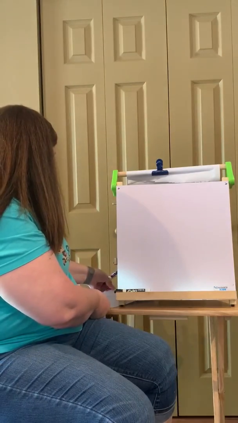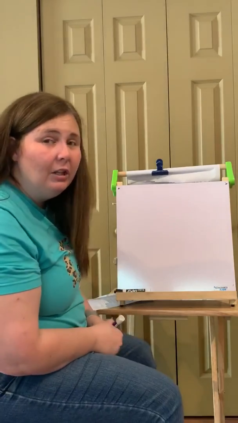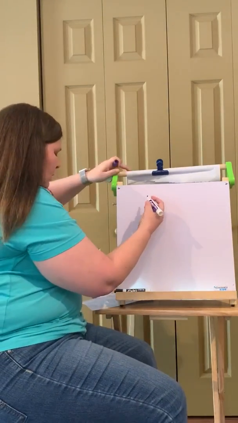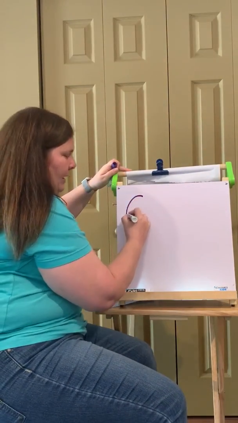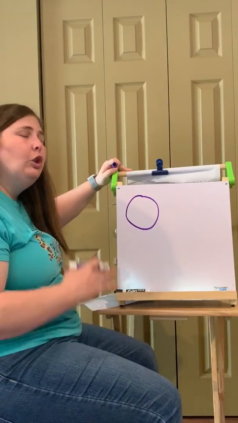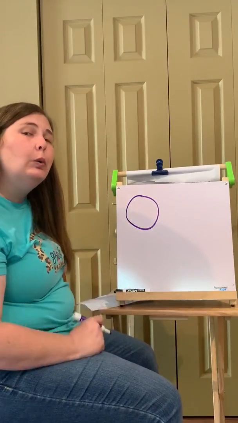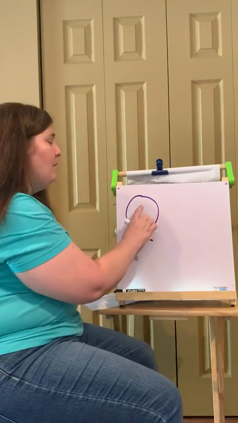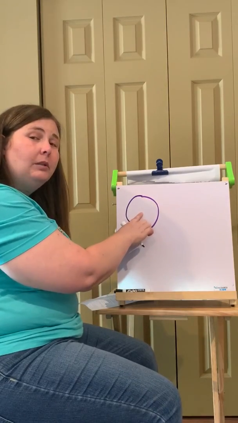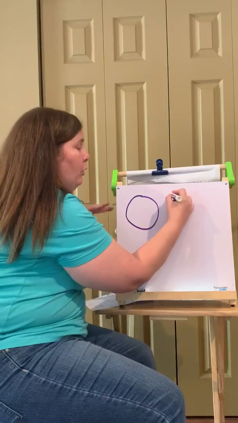Another attribute that you might see in shapes is when we're talking about the lines of a shape. Let's look at this shape, for example. I want you to first decide, is it open or is it closed? If I'm in the middle, can I get out? No, I cannot. So it is a closed shape.